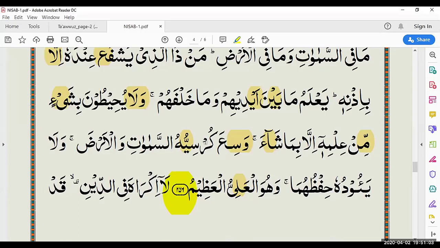So kursiyyu, we have to emphasize it. With the rest of the letters carrying shadda, you did emphasize it, but here you didn't do it properly. Start from wa again, please. Wasi'a kursiyyuhu as-samawati wal ard. Excellent, very well done. Good.